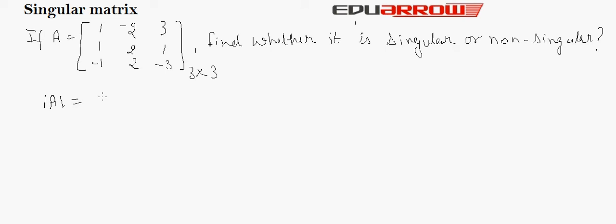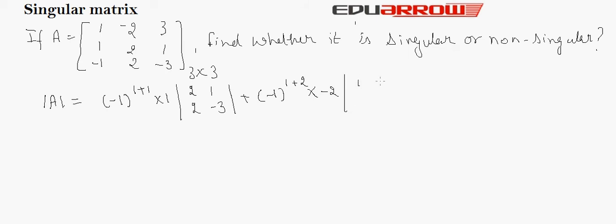If we expand it along the first row, then it will be minus 1 to the power 1 plus 1, common element is 1, remaining elements will be 2, 1, 2, minus 3, plus minus 1 to the power first row second column, that is 1 plus 2, into common element minus 2, and the remaining elements are 1, 1, minus 1 and minus 2, plus minus 1 to the power 1 plus 3 into common element 3, and remaining elements 1, 2, minus 1, 2.